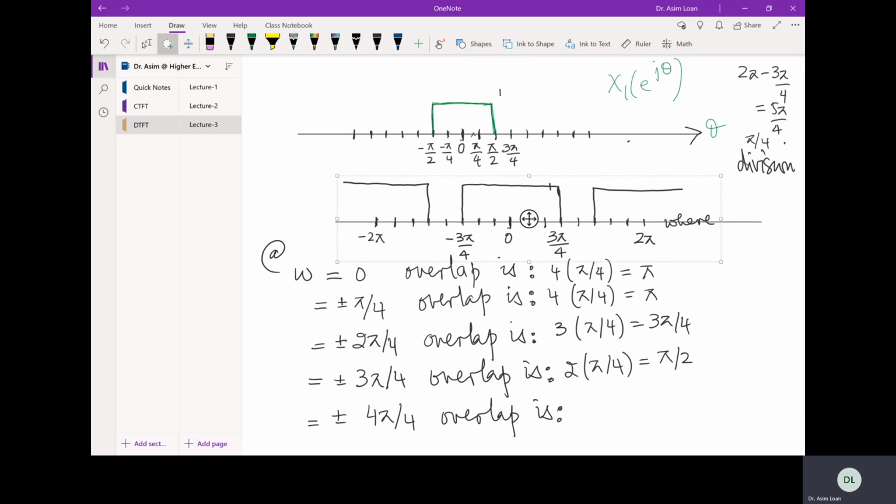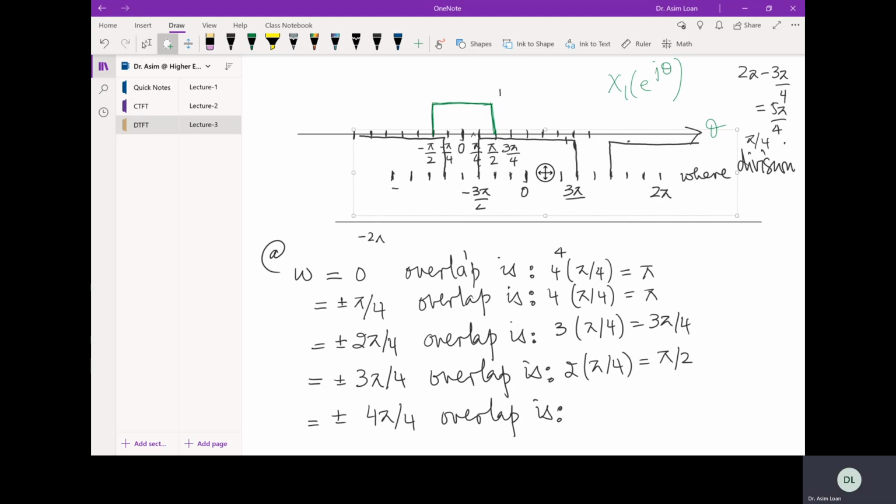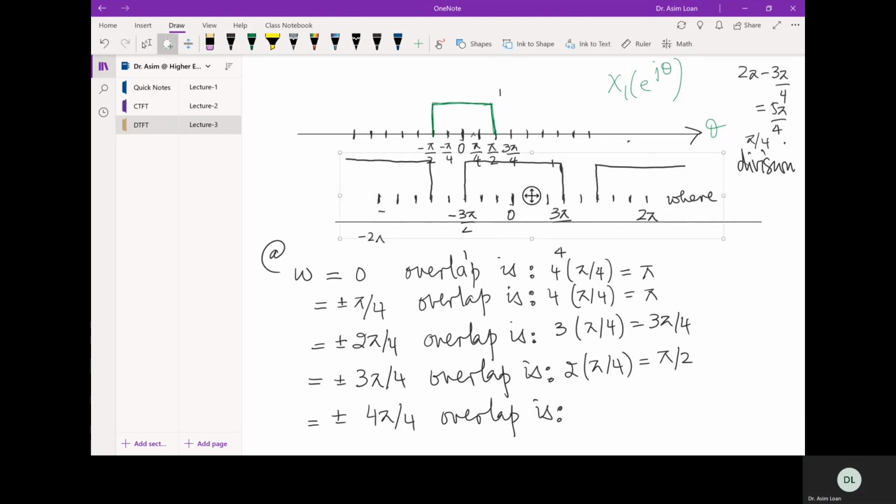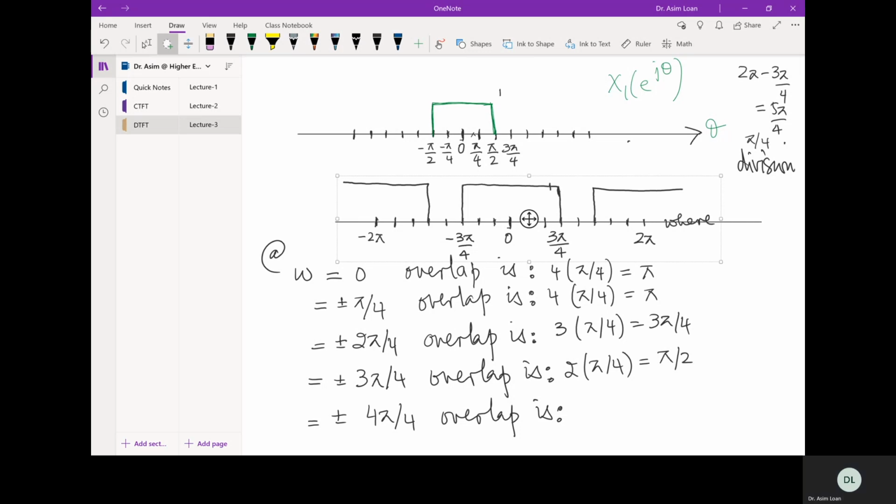So 3 pi by 4, this is pi. Let me write pi here too. This is pi. This is pi.